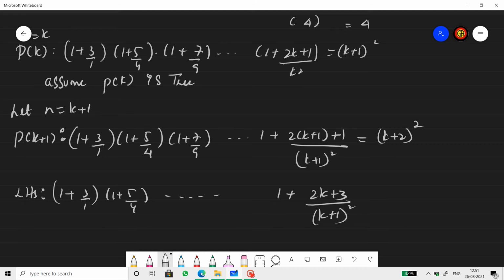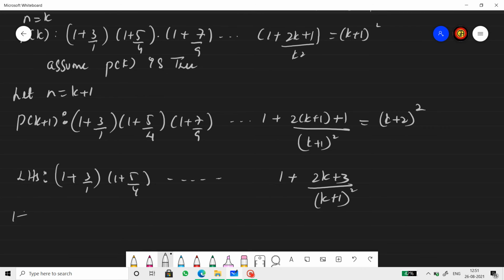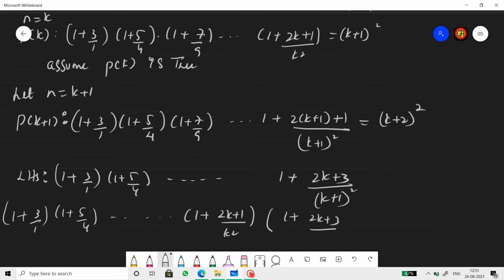So the value of that is this one. So (1 + 3/1) × (1 + 5/4), and so on. The previous term is (1 + (2k+1)/k²) × (1 + (2k+3)/(k+1)²).